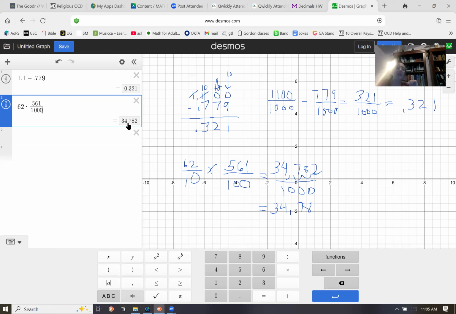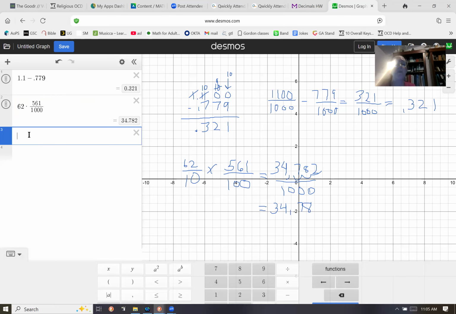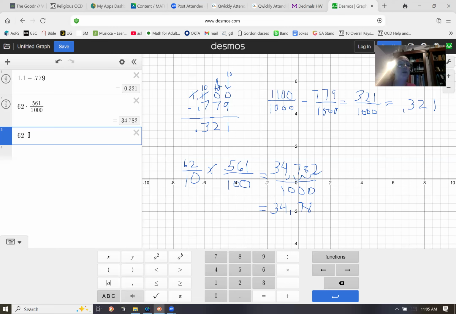Okay, now let's think about our original problem and compare it to this here to see the shortcut. We had 6.2 times 5.61. First of all, the shortcut is just ignore your decimal places and multiply the whole numbers.